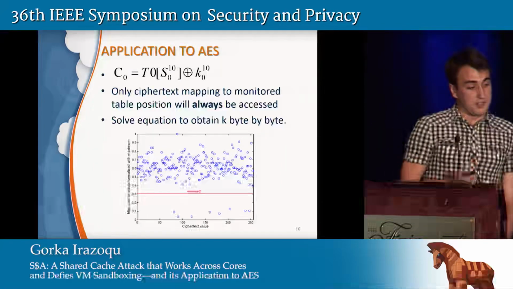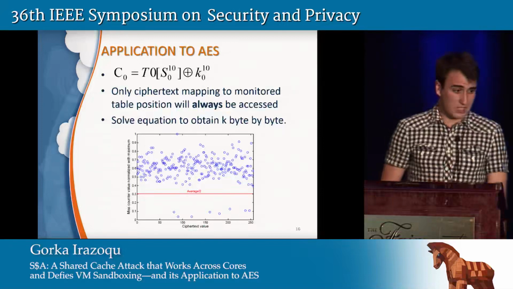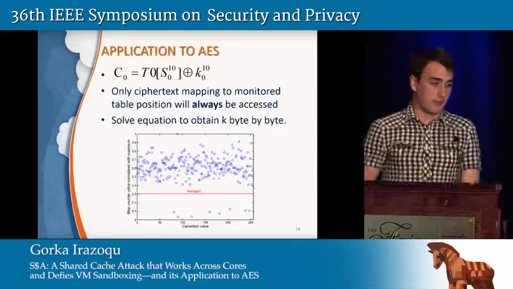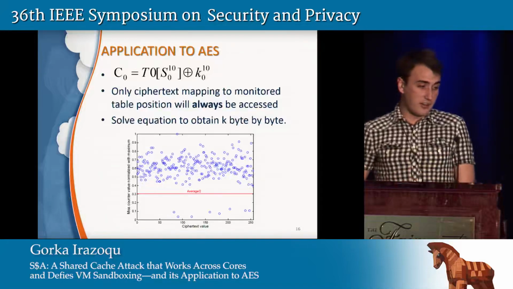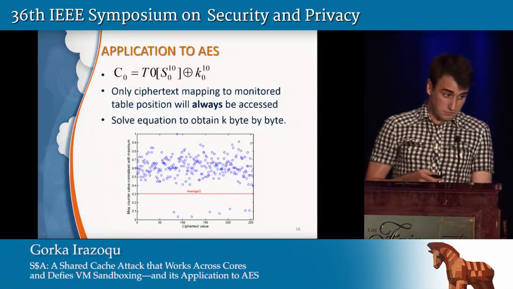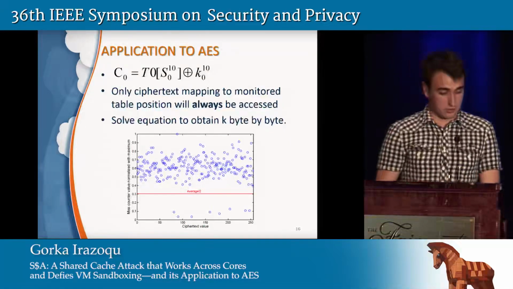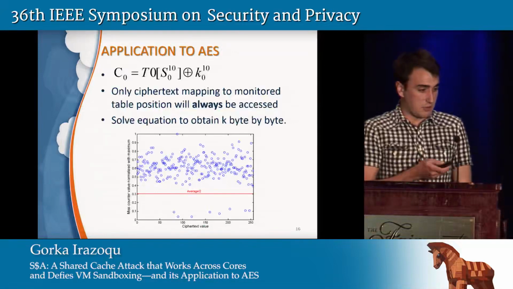So we see, well, indeed, a cache line holds more than one table position. So basically, we can't monitor only one table position, but we have to monitor many of them at the same time. But still, the distributions are clearly distinguishable, so we can still solve the equation and get the key that has been used. We can do this for all the bytes in the AES last round.